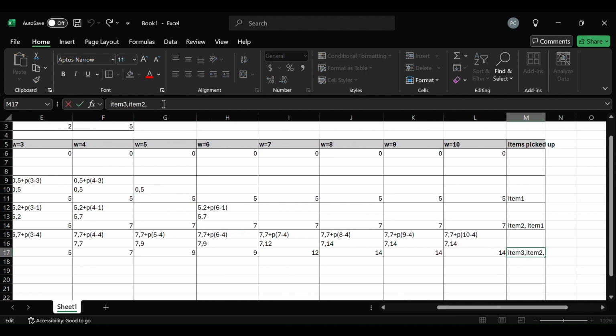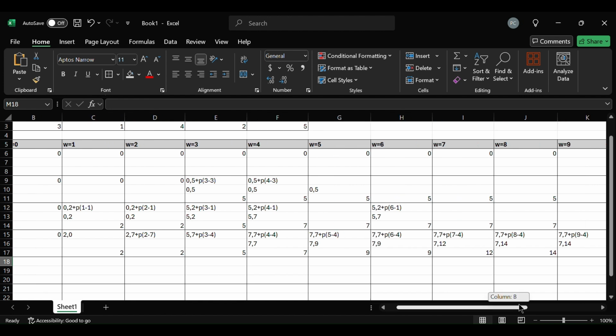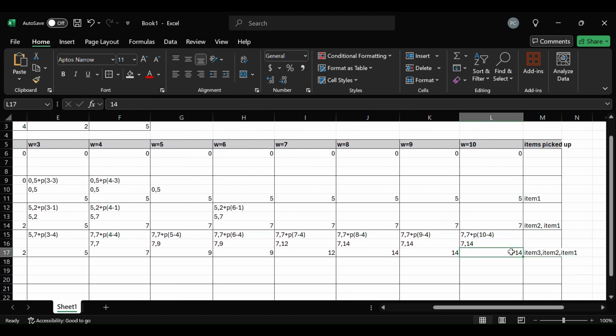So item 3, item 2, item 1. All right, and if you actually check, since we picked up item 3, item 2, item 1, if you add up, it will come to 7 plus 2 is 9 plus 5 is 14, right? So we are on the right track here.